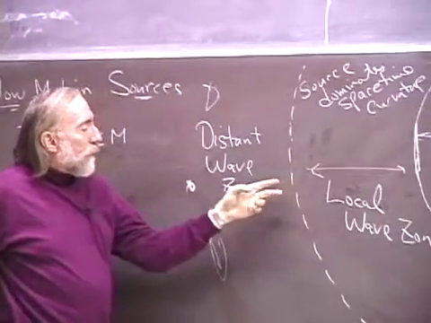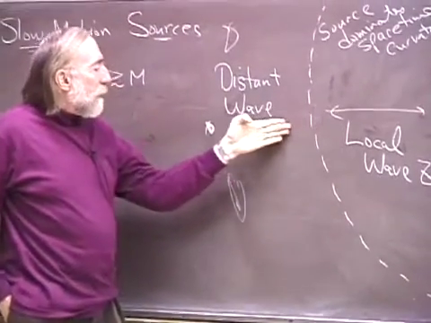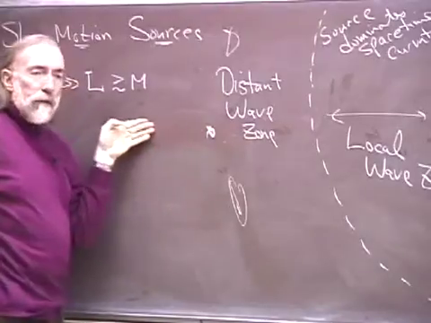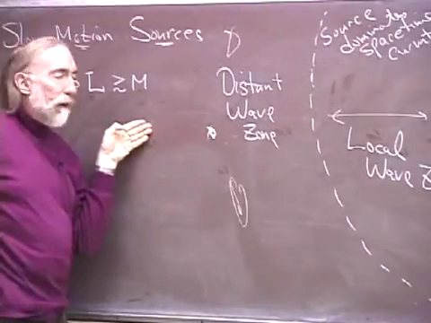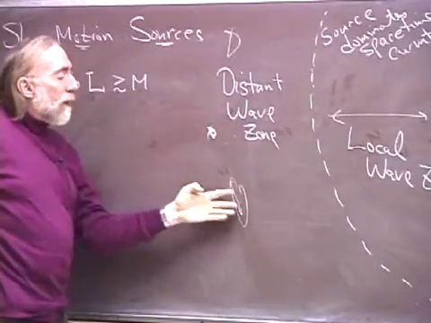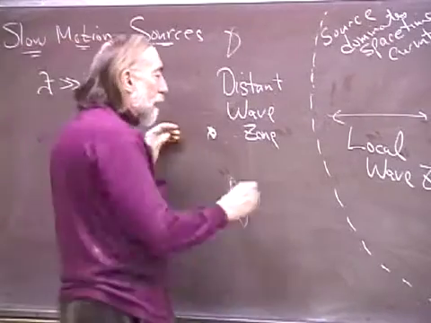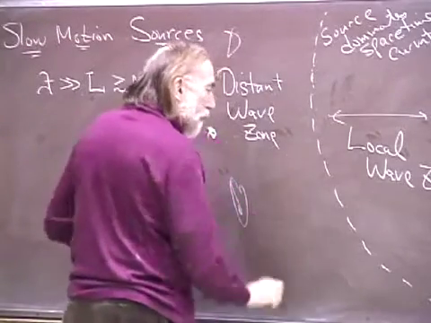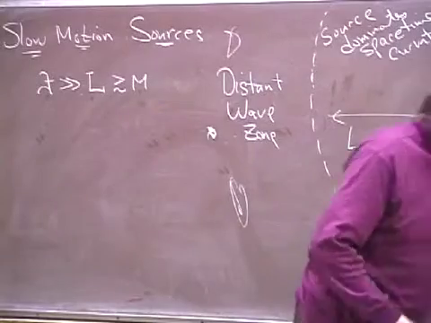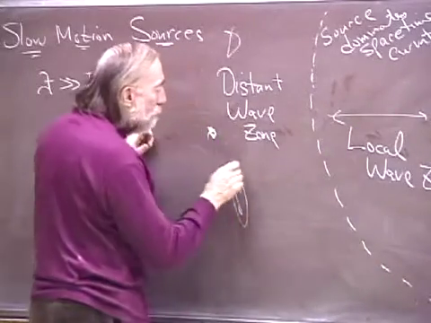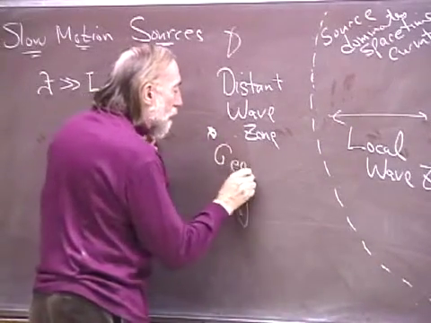And the geometric optics approximation is what we use to propagate the waves out through the distant wave zone so as to deal with issues of the lensing by galaxies and black holes, for example. So out in here, the method of analysis of wave propagation is geometric optics.